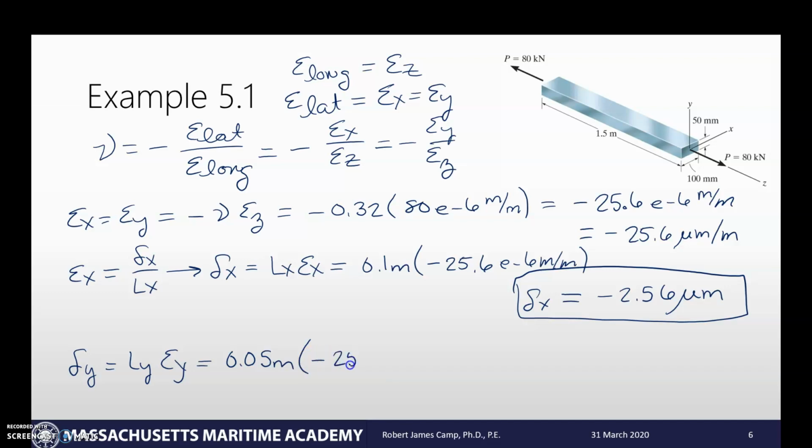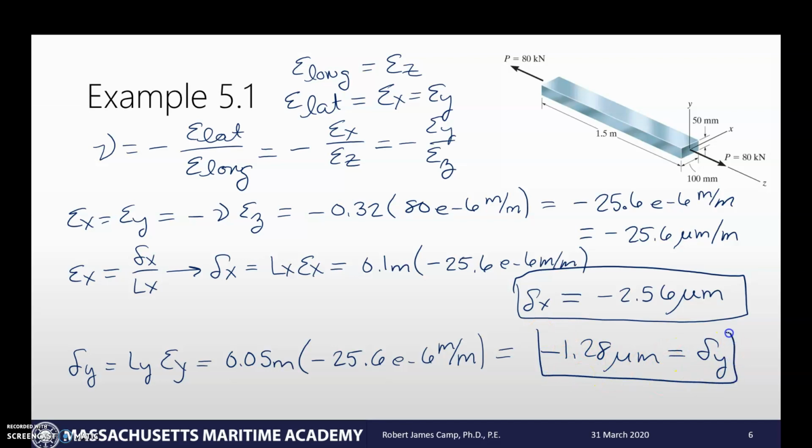So that's negative 25.6 times 10 to the negative 6 meter per meter. And I throw this in my calculator, and I'll get negative 1.28 times 10 to the negative 6 meters, or negative 1.28 micrometers for my deformation in the y direction. And so that's how we would use Poisson's ratio to calculate changes in dimensions in the off-axes.